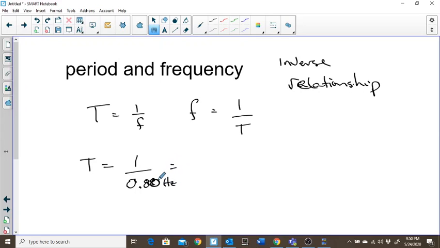So we can go 1 divided by 0.8, and that gets us our 1.25 seconds. Likewise, if we want the frequency and we have the period, we go 1 over the period, which was 1.25, and we go 1 divided by 1.25, and we're going to get 0.80 hertz.